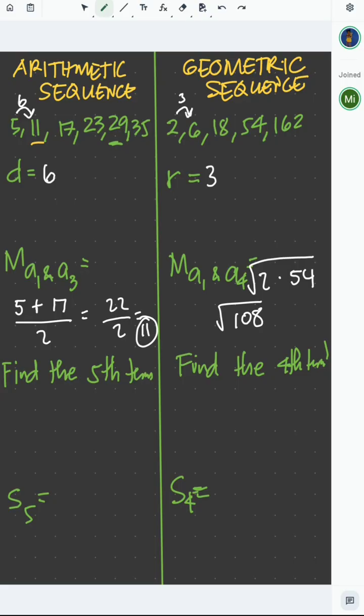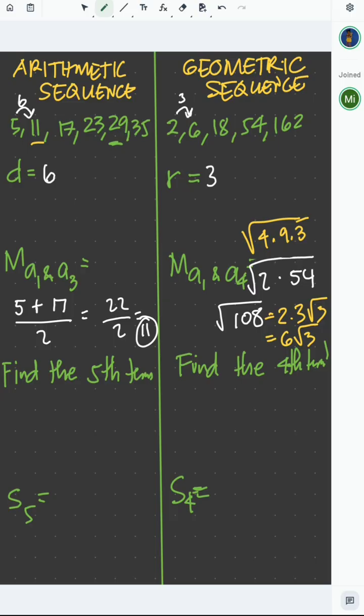Maybe you can do this: 4 times 27, and 27 is 9 times 3, so you can write that as square root of 4 times 9 times 3, right? And 4 is a perfect square, so the square root of 4 is 2, and the square root of 9 is 3, and square root of 3, so this is 6 square root of 3. The square of 6 is 36, and 36 times 3 is 108. Okay.